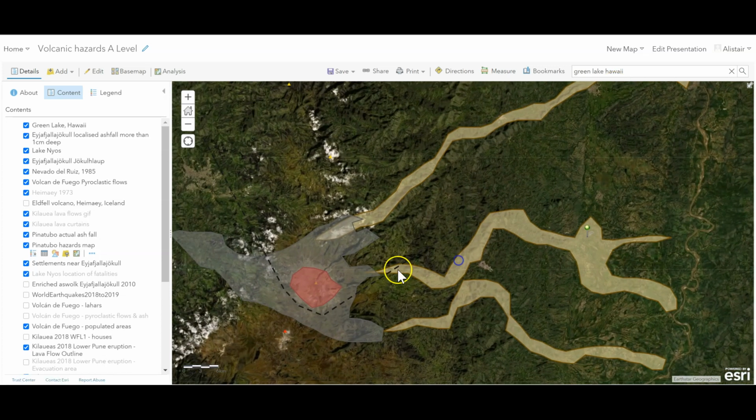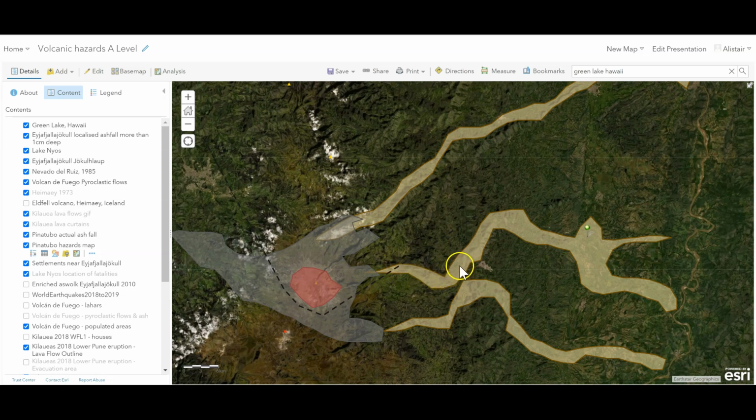Unfortunately, despite the fact that this hazards map existed before the eruption, it wasn't really paid attention to by the authorities. They did not respond to it. They did not order an evacuation. And tragically, whenever this volcano erupted, because of the height of the volcano, it melted some of the snow on the top of it, and that produced your devastating lahars.